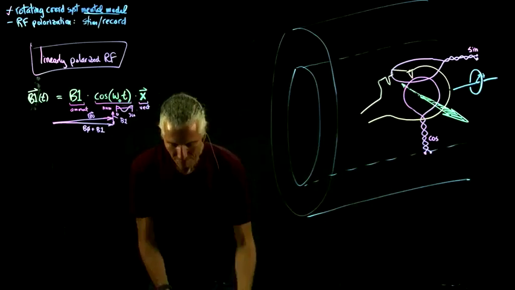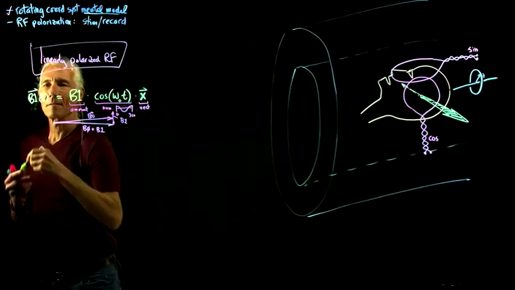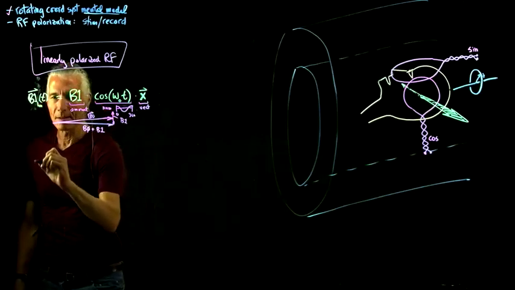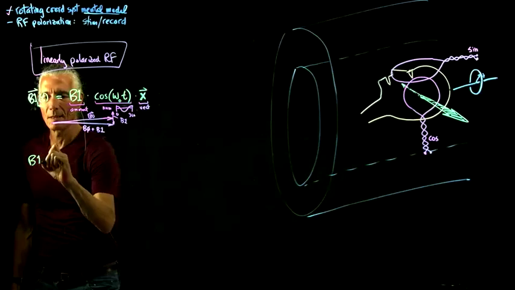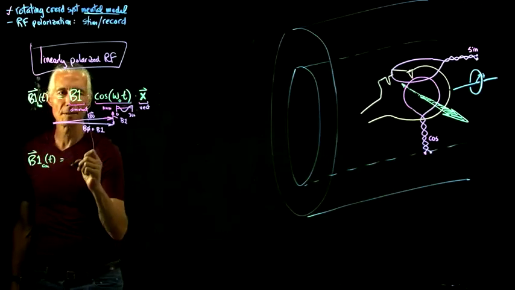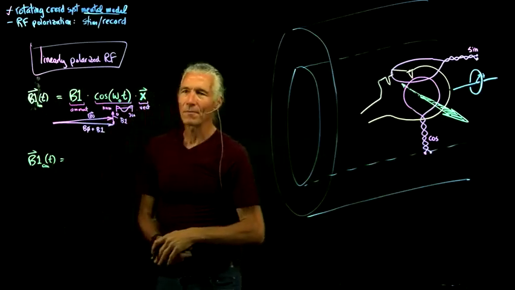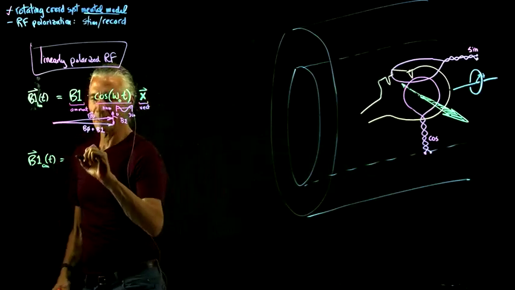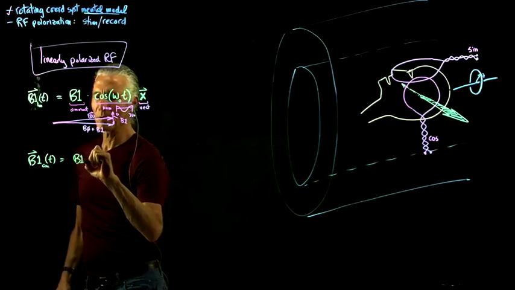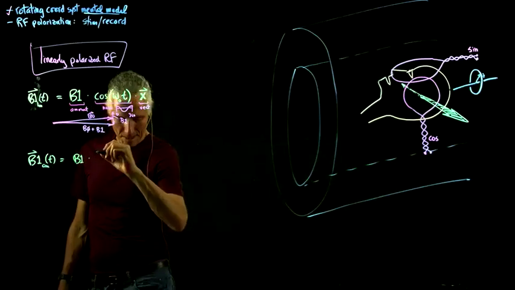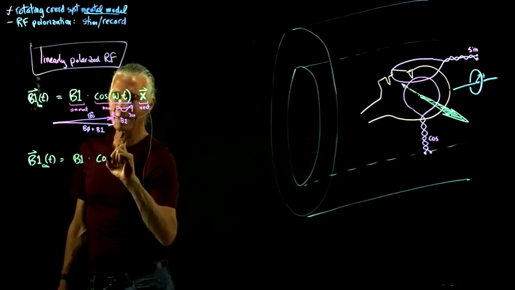So here's our B1, linearly polarized. And here's our B1 circularly polarized. And that's just going to be a vector, but now it's a vector that can go more than just the x direction. So it's going to be the B1 amount times the cosine as before.